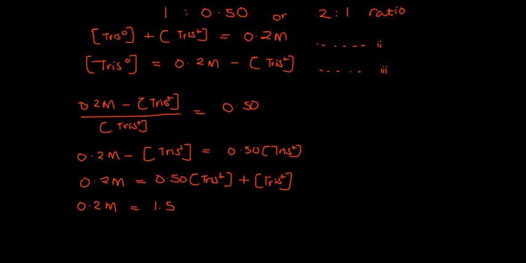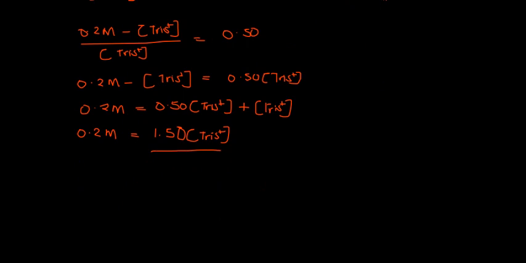If we add 0.50 plus 1 Tris acid, we get 1.50 concentration of the Tris acid. Now to find the concentration of the Tris acid, we need to divide this by 1.50.